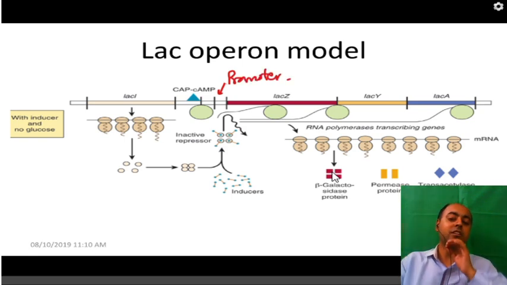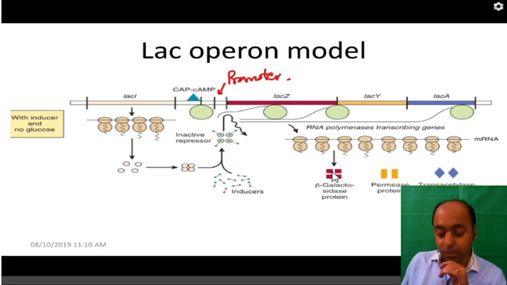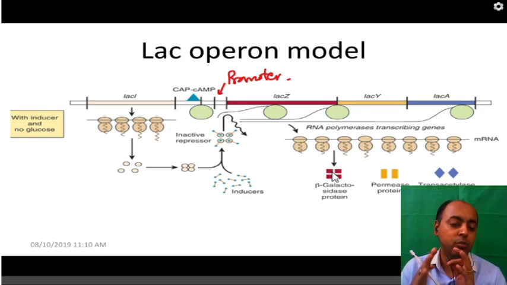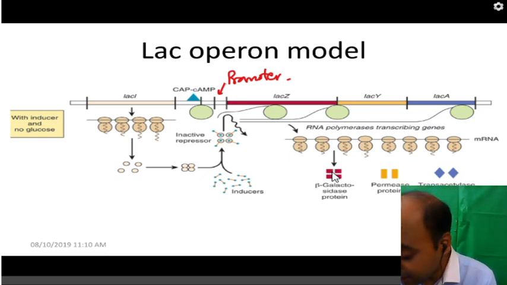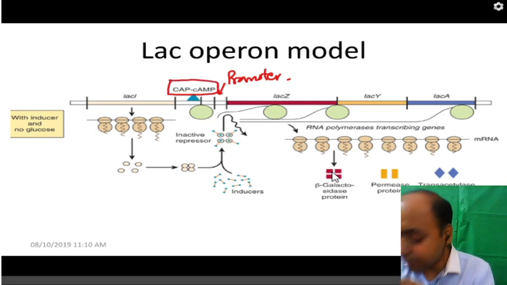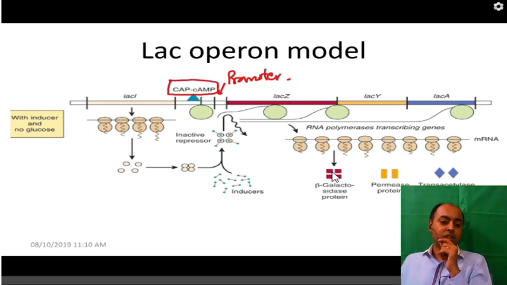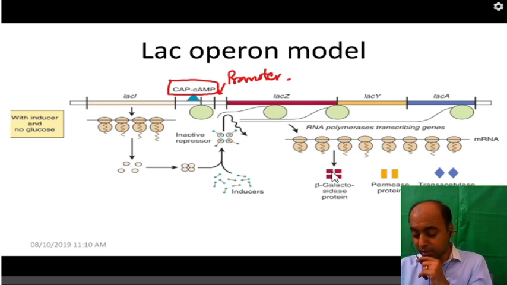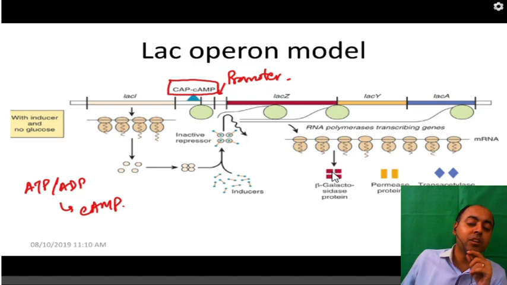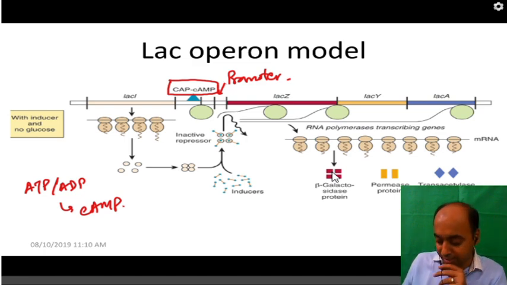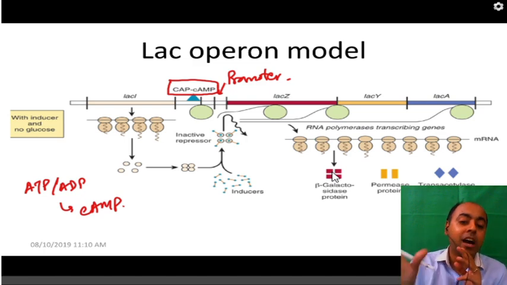So the RNA polymerase will try to get attached. But here there is another problem. It requires a helper to attach properly because the operator site here is narrow, and that helper is the CAP-cyclic AMP complex. What happens when the glucose is exhausted? Some of the ATP is converted to cyclic AMP in the prokaryotes, and this cyclic AMP will combine with the catabolite activator protein known as CAP and help the RNA polymerase to get attached to the DNA.